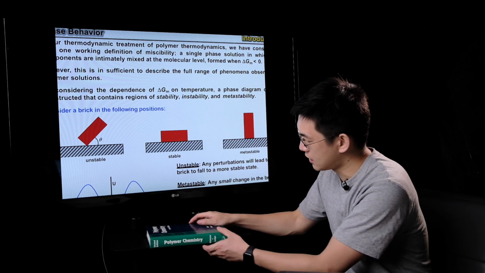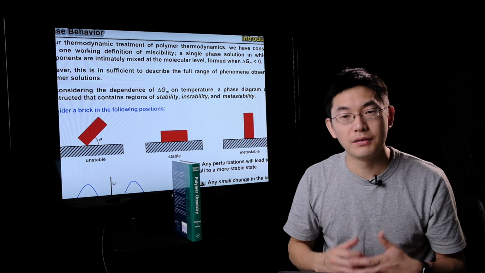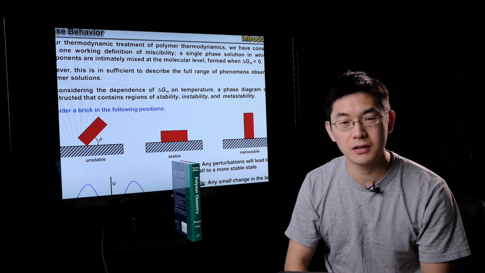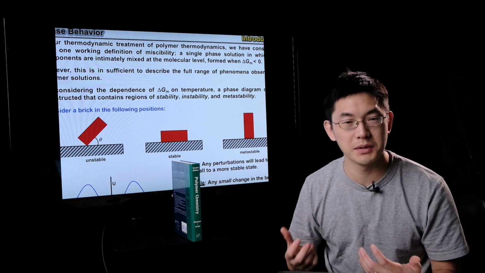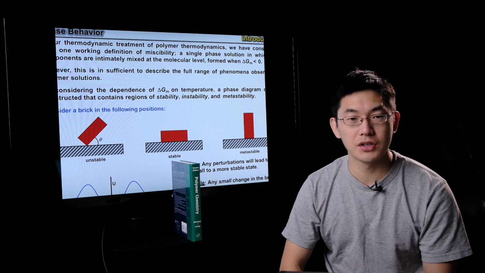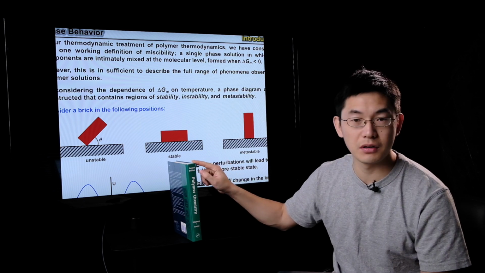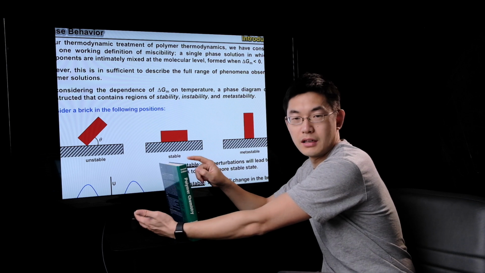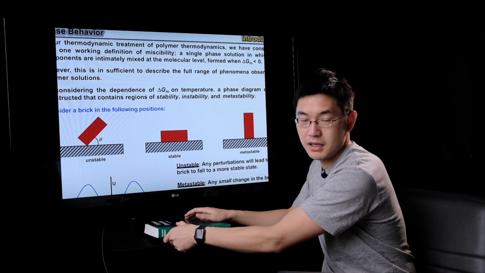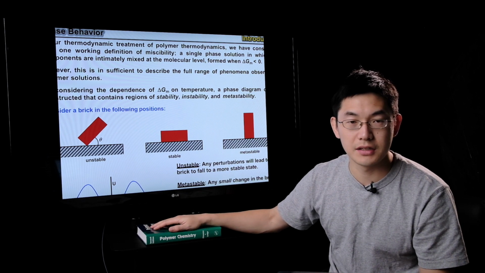What this means is, at this particular position, if there's no external disturbance to the book, it will be very happy and it will be sitting here forever. But if there's a local disturbance, and this disturbance could be a tiny force where I poke the book, I don't want to let it fall so rapidly, but you can see it not be able to respond to it, and it will return to the lowest energy state.